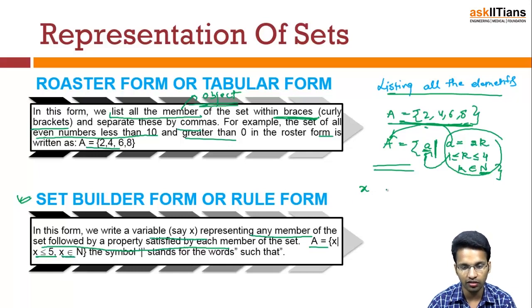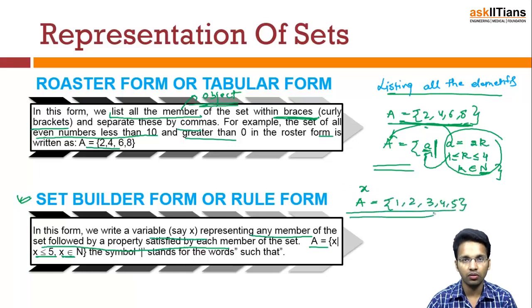What does this actually mean? This will be a set comprising 1, 2, 3, 4 and 5. This is the roster form, and when you want to write it in set builder form, this is how you write it.